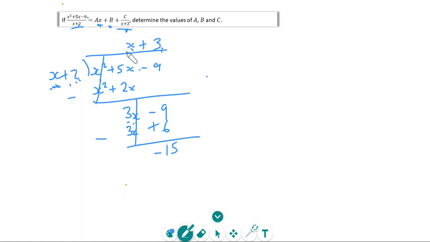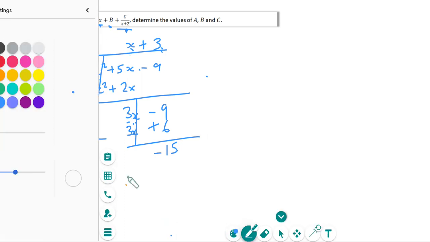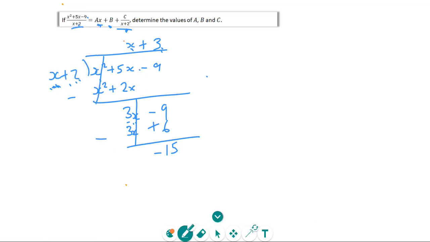So for the x, that's just this bit up here. It's 1x, isn't it? So that's this bit here. So a equals 1. For the b, the number part without an x, that's the 3. So b is equal to 3.